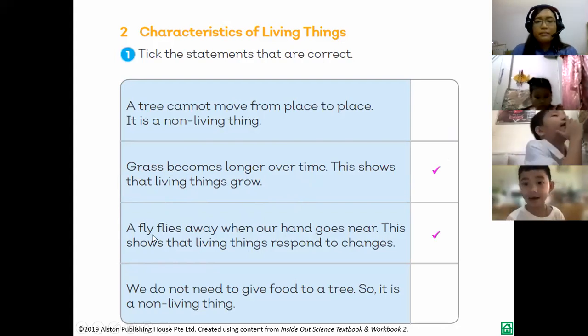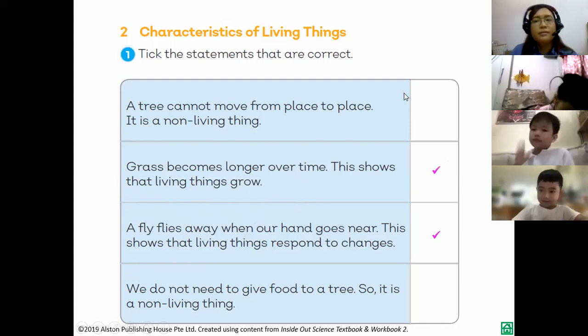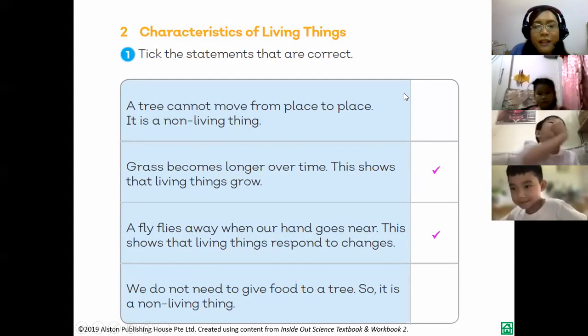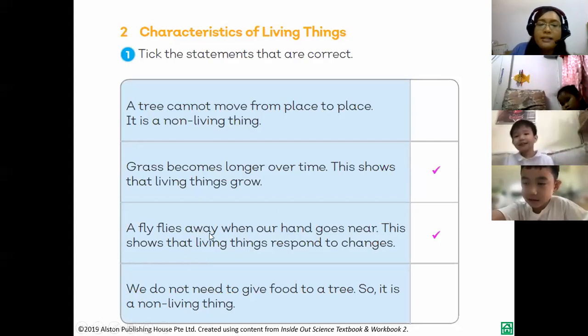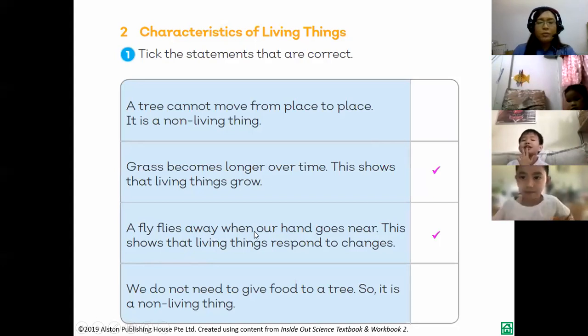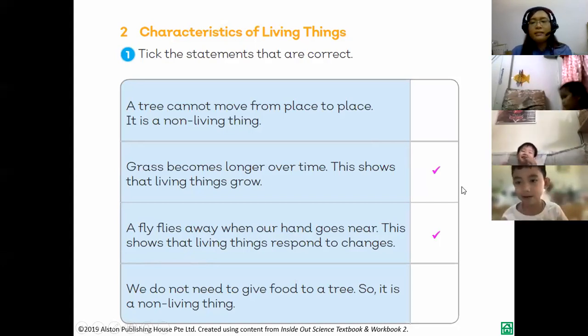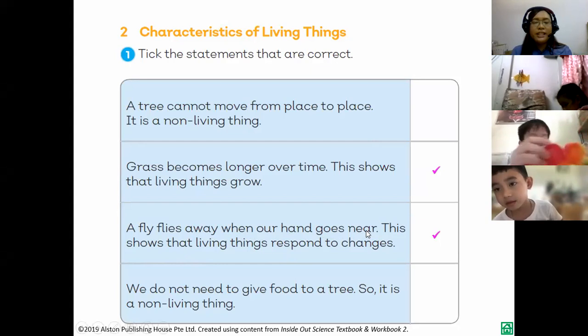A fly flies away when our hand goes near.